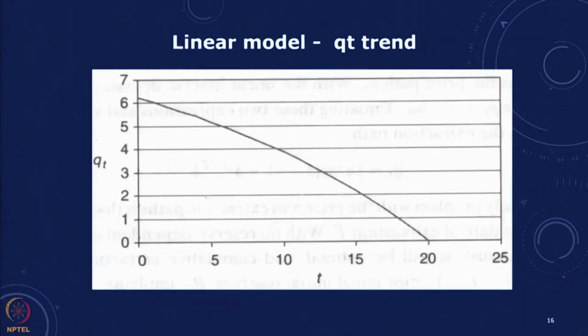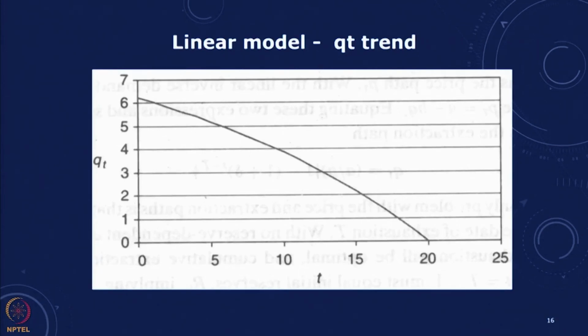And when we look at qt versus time, you will see that qt starts from some value and decreases till about the 20th year, where it becomes equal to 0. So, this is an example to show you how the whole mine model problem is done for a competitive market.